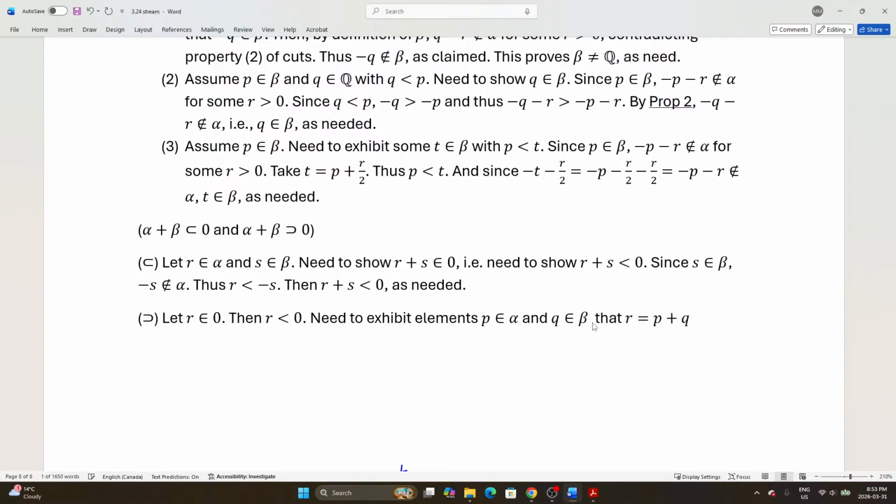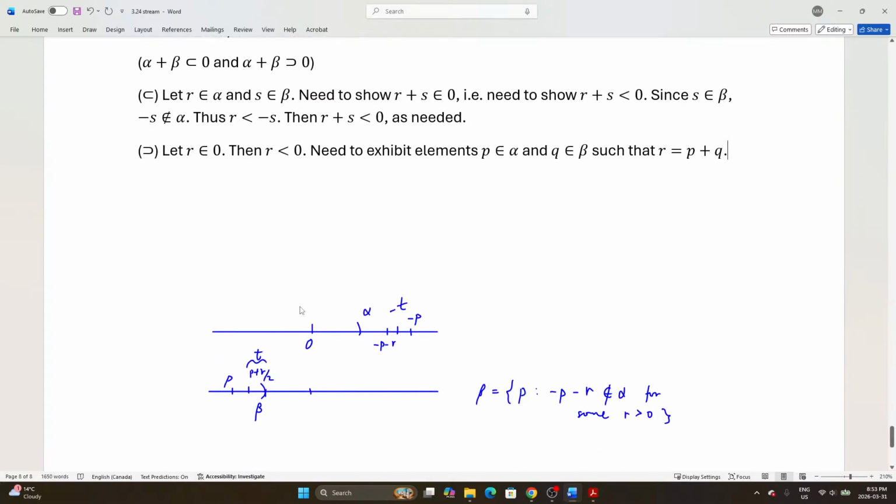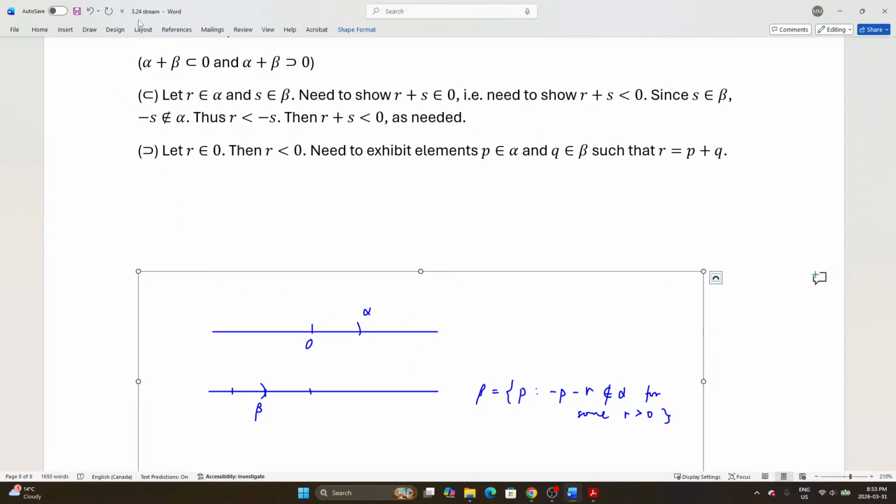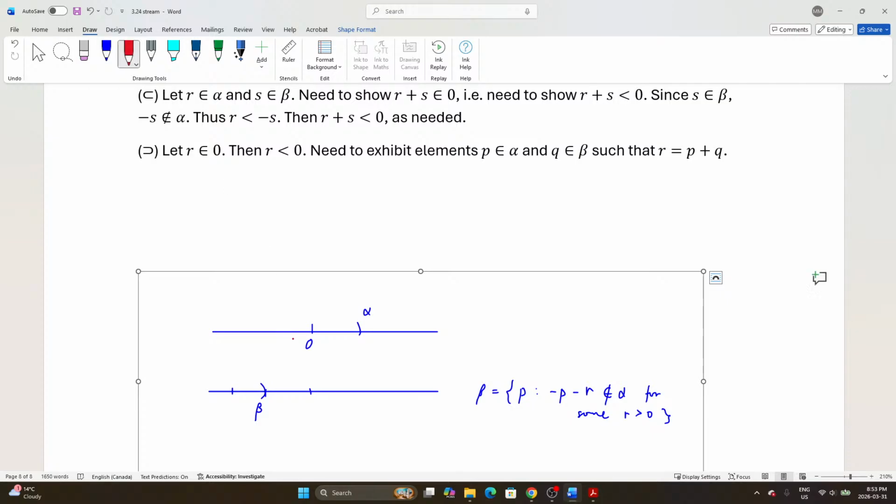How do we find such P and Q? Go back to the diagram again. R is somewhere here. This is my alpha and beta, two cuts. I let R be in 0, so this is my R here.